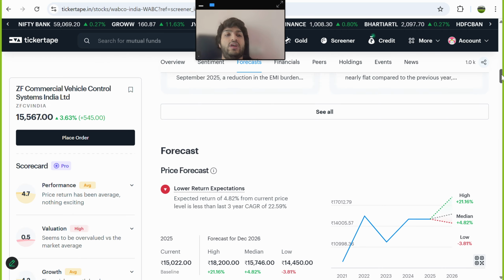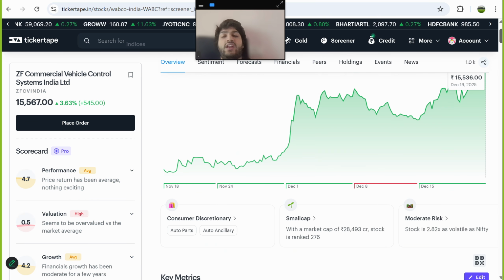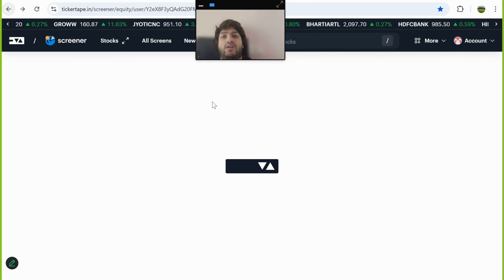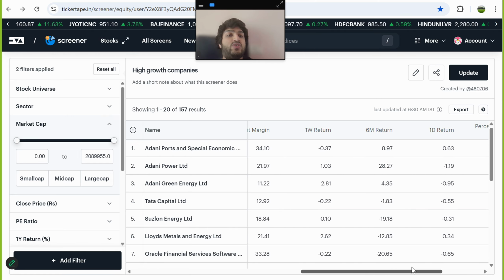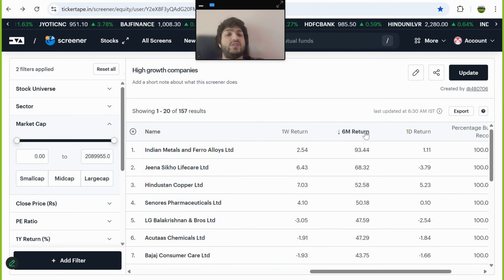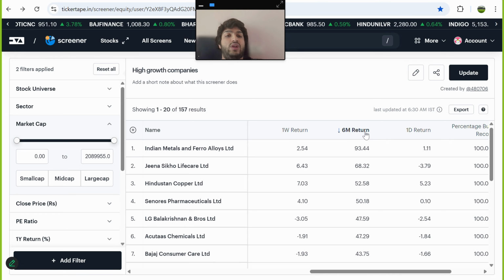So here, on a basic level, similarly, if you want to arrange based on the return for the last 6 months, you can do it like this. So Indian Metals and Ferro Alloys Limited has given a run-up of about 93% over the last 6 months.